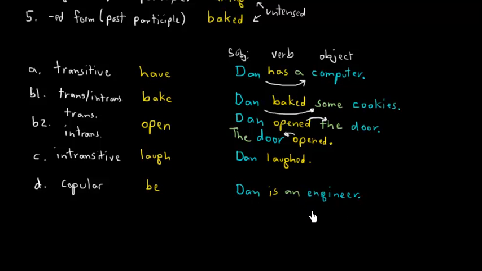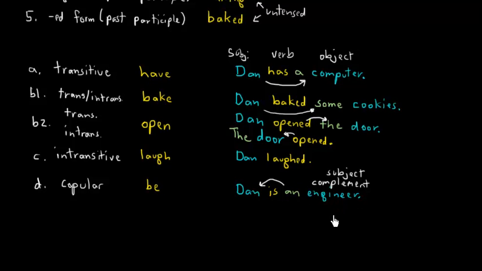Is he transferring some action to an engineer? No. In this case, this noun phrase, an engineer, is just giving us more information about Dan. So this is what we call a complement. It's giving us more information. And because it's giving us more information about the subject, it's specifically a subject complement.